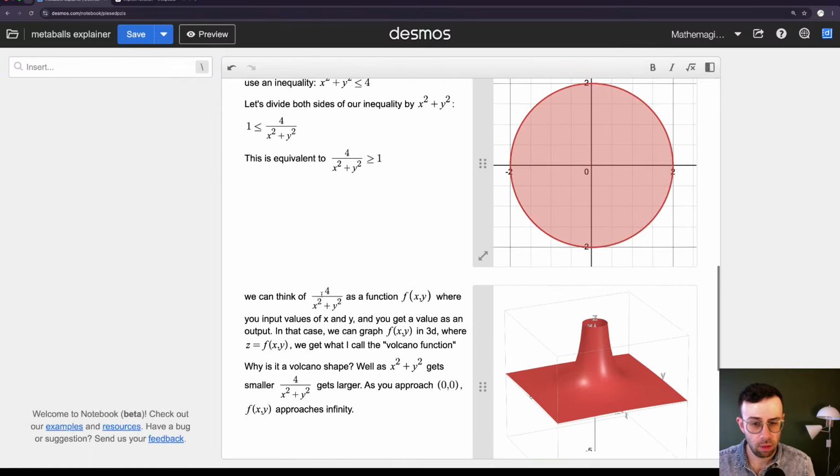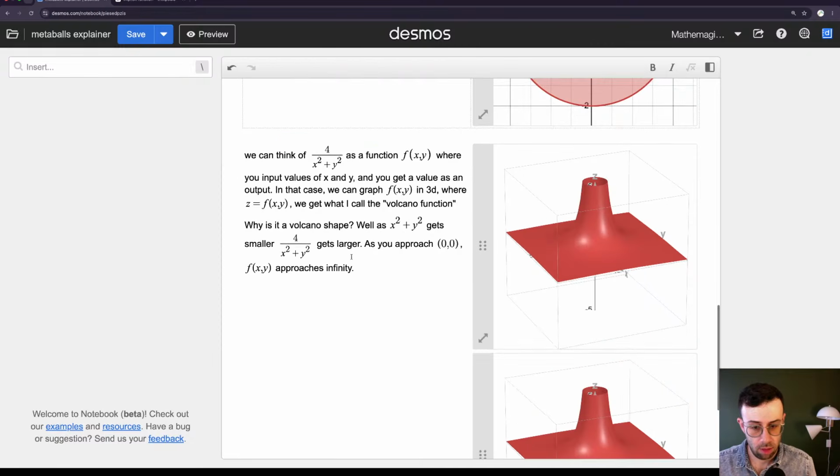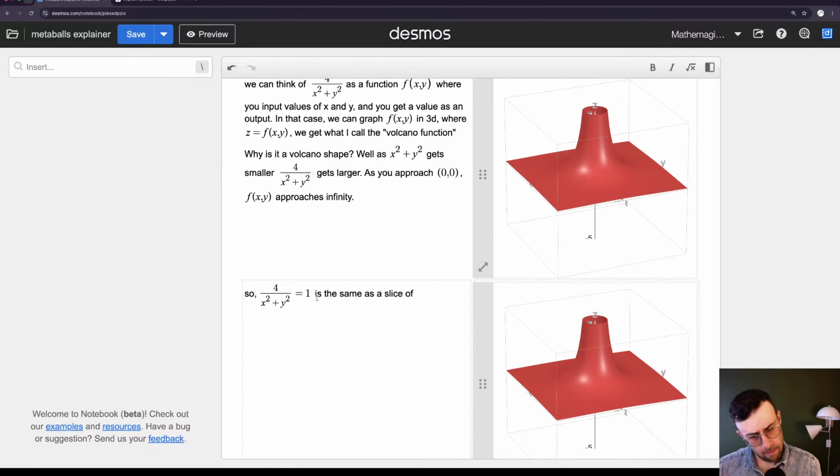Basically, I want to show that this is the same as saying, as a slice of where z equals 1 on our volcano function.